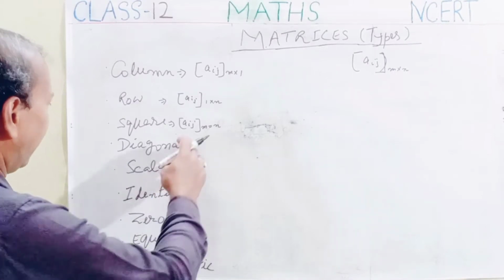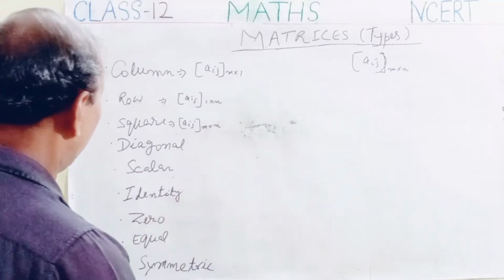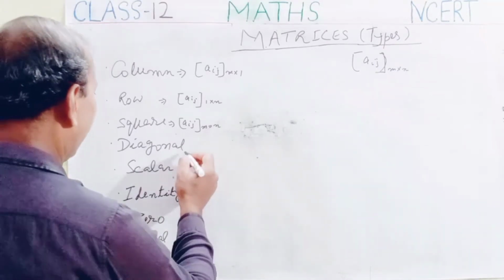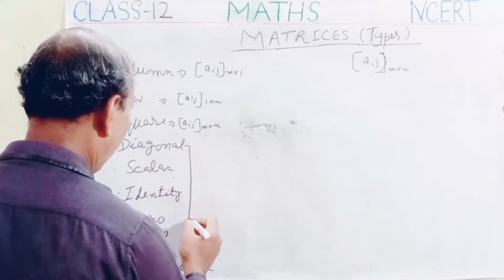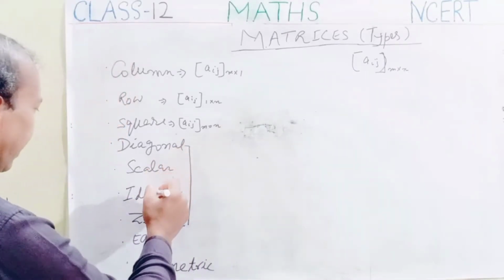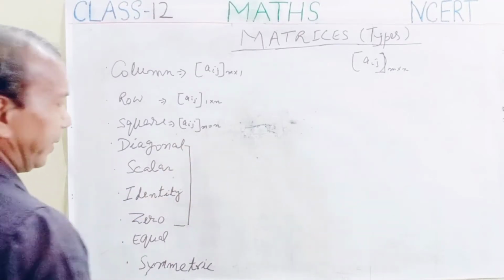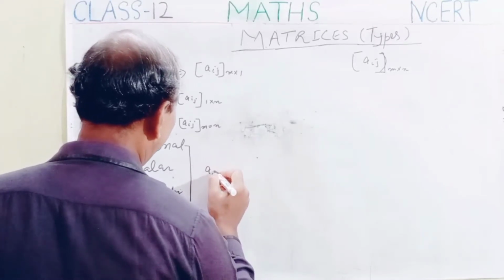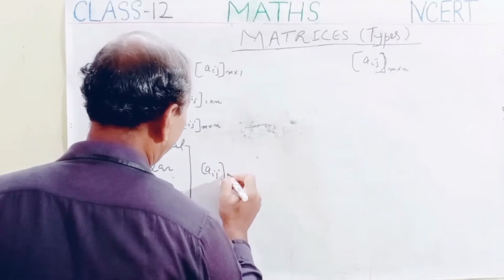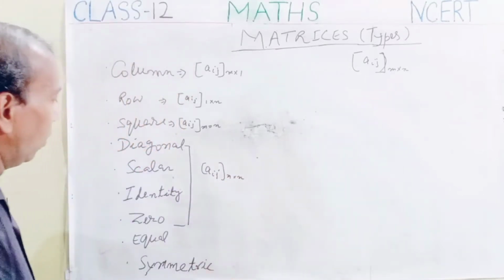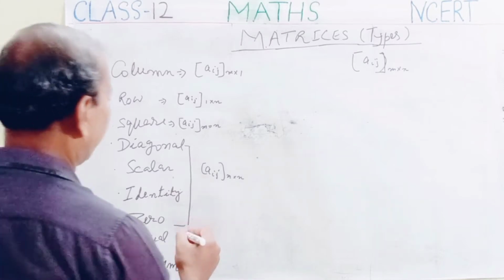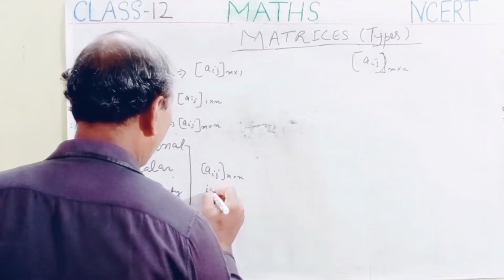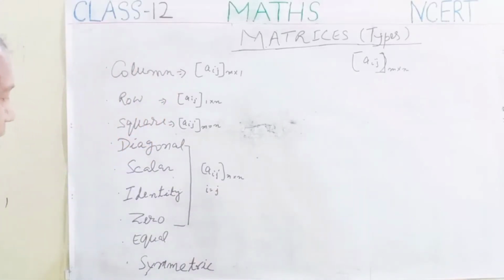Now the next: diagonal, scalar, identity and 0 matrix are defined in this case. Always remember, diagonal, scalar, identity or 0 matrix, again it will be defined as Aij, and here it is M cross N. In all these matrices, you will find that if I is equal to j, then it has some values.